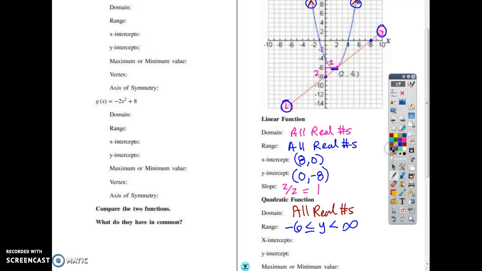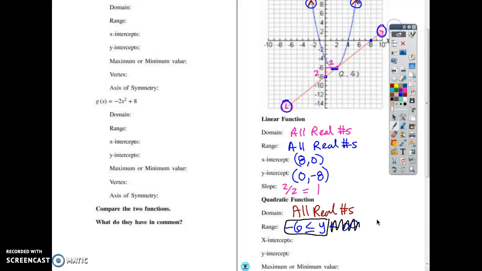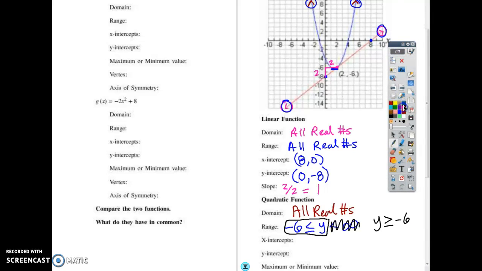So I don't need the whole thing. I really don't need this part. So this is the range, and you can flip it. y greater than or equal to negative 6, because it's going to go up forever and ever, greater than or equal to negative 6.